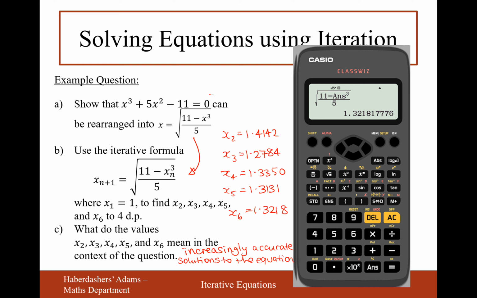And the equation is this one up here, because we've used this as our iterative formula. We've used this as our iterative formula because of what we've rearranged it into. And what did we start with in our rearrangement? It was this equation right at the top there. So they are increasingly accurate solutions to this equation right at the top. The more you press equals, the more accurate this answer is going to be.